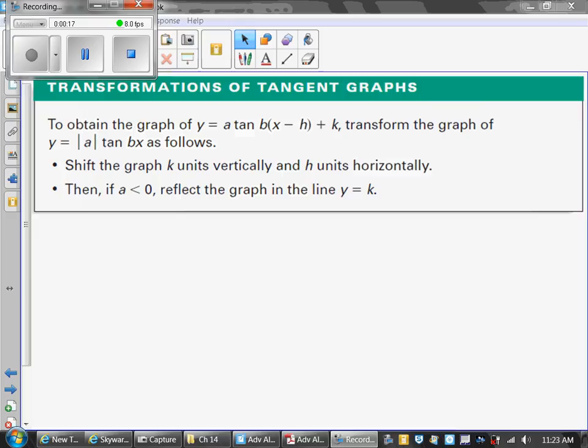So I want to get the graphing out of the way, because not only is it kind of a weird setup of the chapter, but this week and next week are kind of all messed up anyway because of conferences.